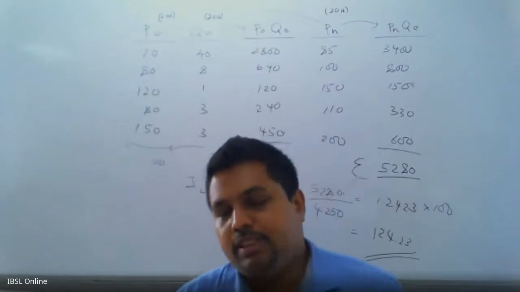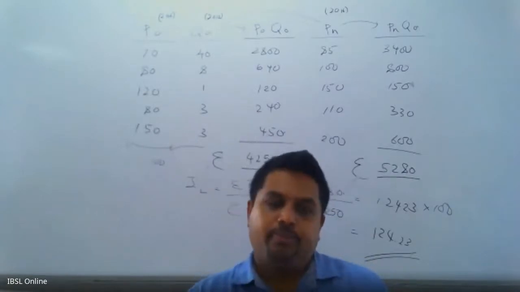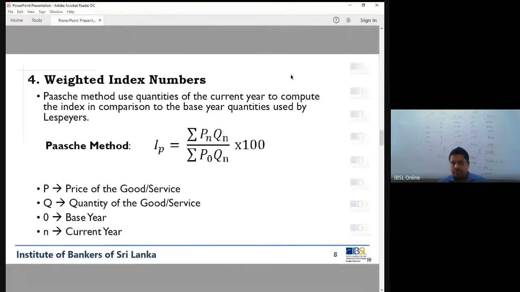The second method to compute the index using this weighted index numbers method is the Paasche method. If you look at the two equations of Laspeyres and Paasche, the sum product, the sigmas and the multiplication by hundred are all the same.